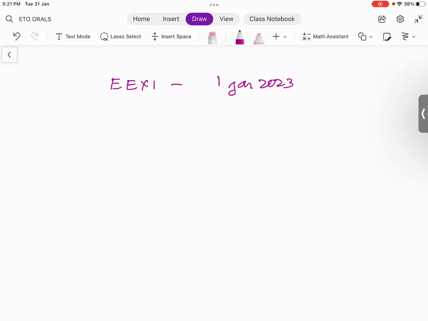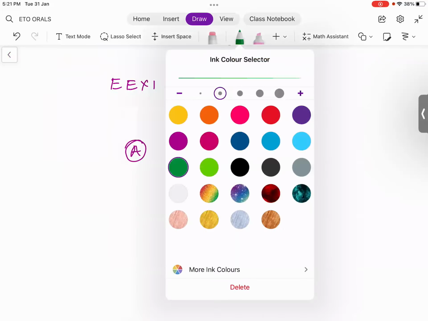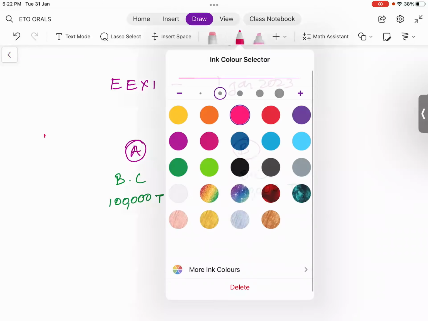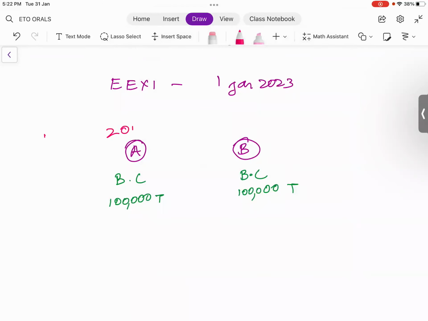Now let's say there are two ships, ship A and ship B. Okay, there are two ships. Now let's say they are both of the same type. दोनों आपके bulk carriers हैं. Bulk carrier. Now this is also bulk carrier. Okay, same tonnage, let's say 1 lakh tonnage. This also 1 lakh tonnage, right? But the difference here is that this vessel was built in, let's say, 2011, right?